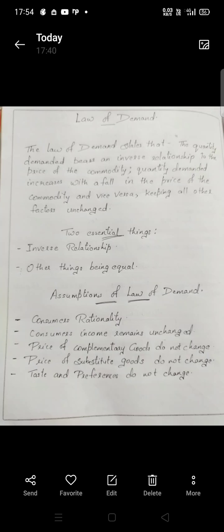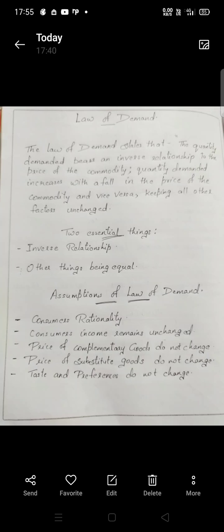Now next comes the assumptions of the law of demand. In simple way, the assumptions are all the factors that were there in the determinants of demand, the other factors. You simply add no change with them.